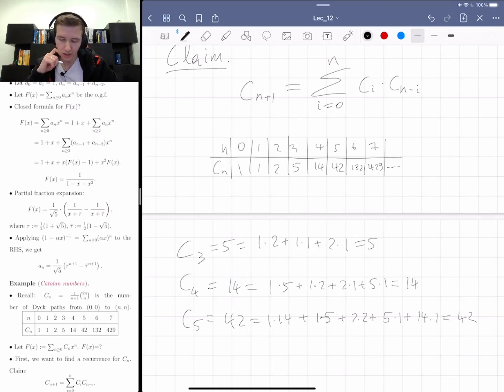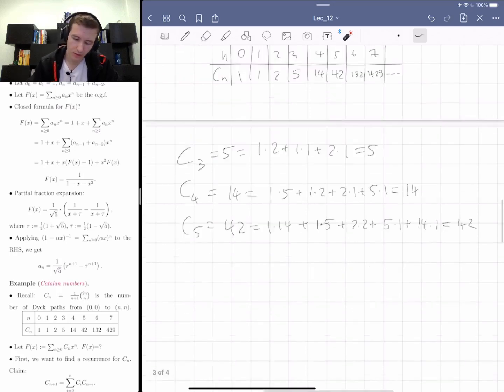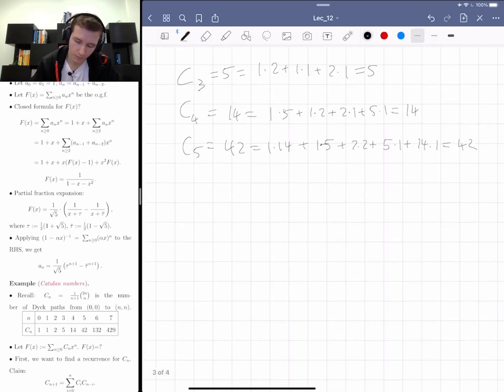So why is this true? Proof of the claim.